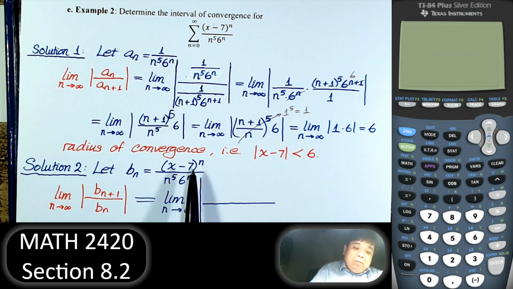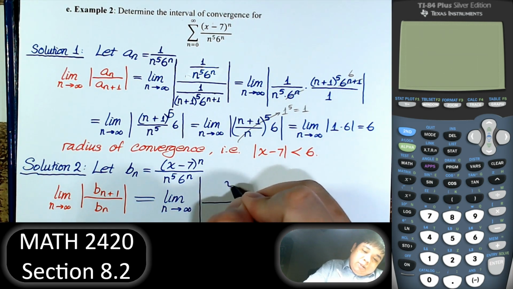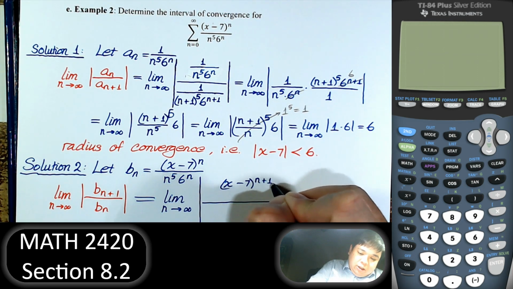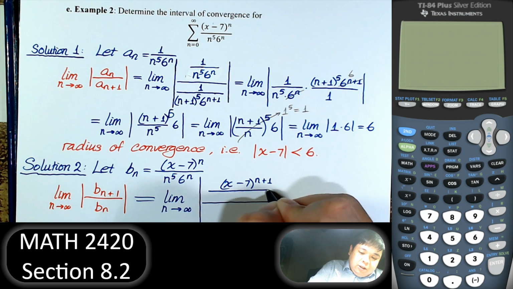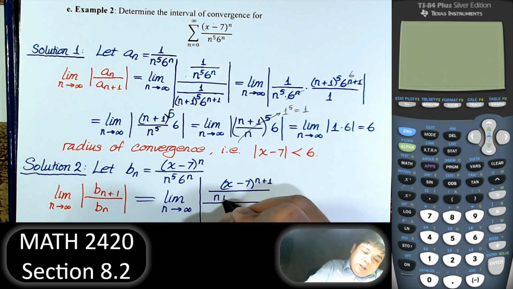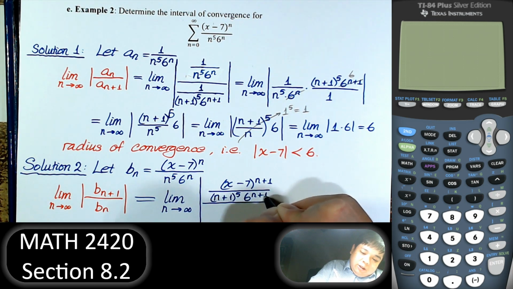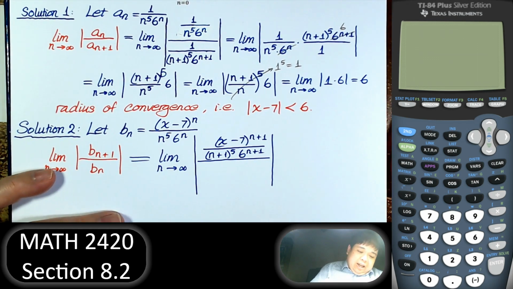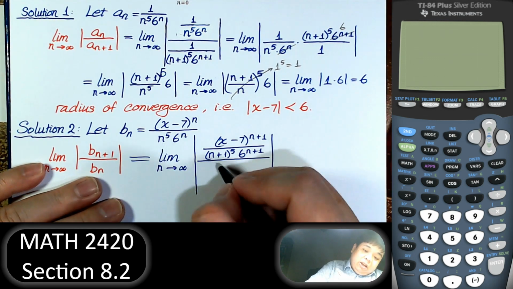Right. First we want to put n plus 1 in here. x minus 7 to the n plus 1 over n plus 1 to the 5th, 6 to the n plus 1. Replace n with n plus 1, and then over b sub n, which is the same thing.